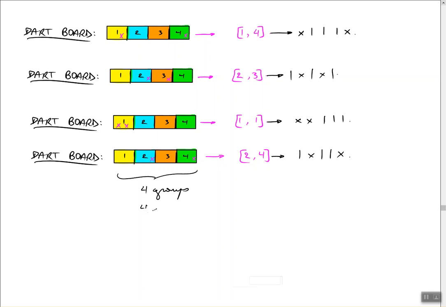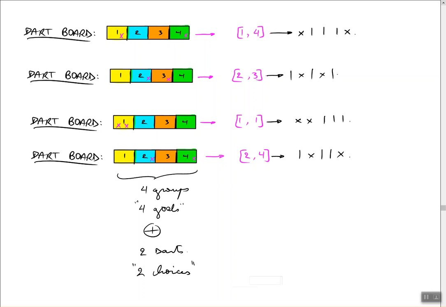So 4 options, 4 goals or groups or locations. And in my case, I had 2 darts, or in other terms, I had to make 2 choices.